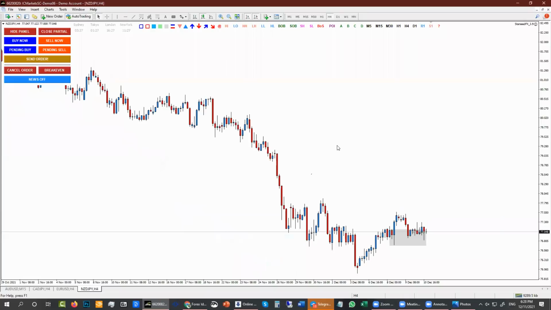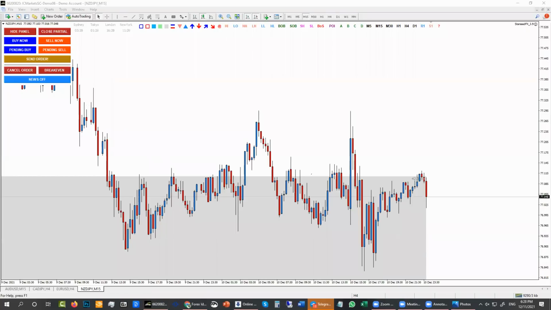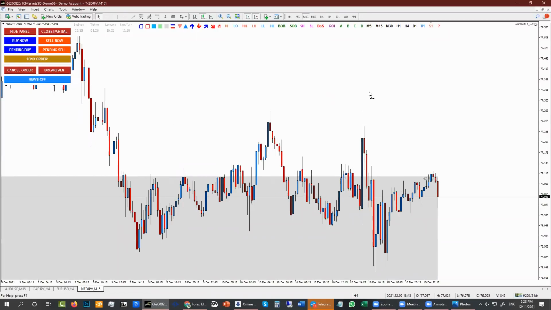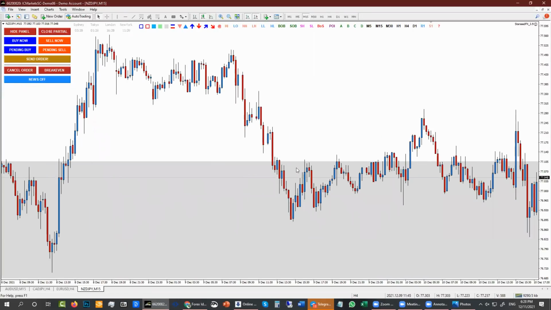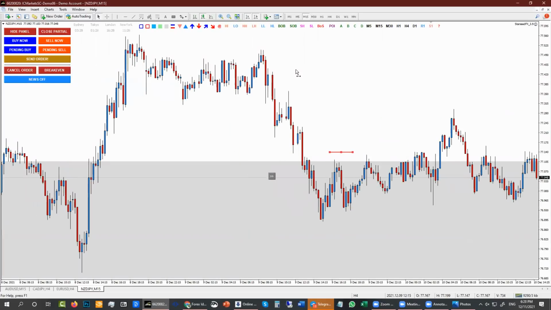But let's take a look on M5. Were you trading on M5 or M15? Let's go here. Okay, M5. All right. So here I would look left. So this is, I would mark this.